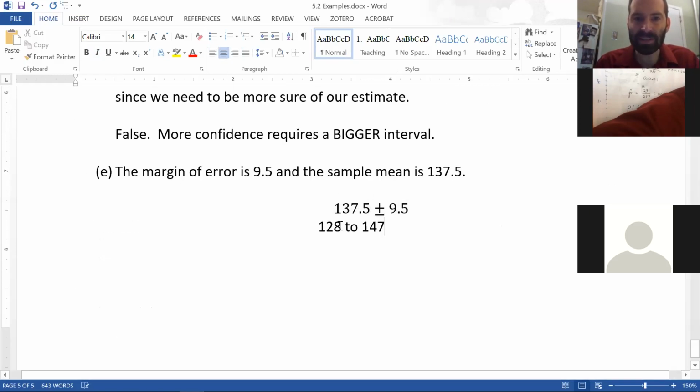So this is the same as this, right? If I add or subtract a margin of error from the sample mean, I get exactly the confidence interval we're talking about. So yes, this corresponds exactly to what we're doing. So yeah, true.